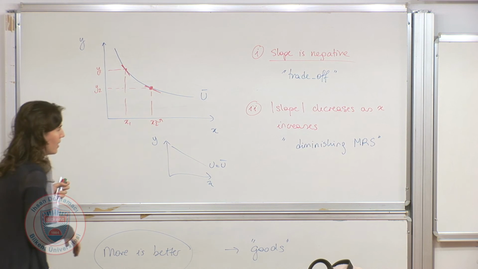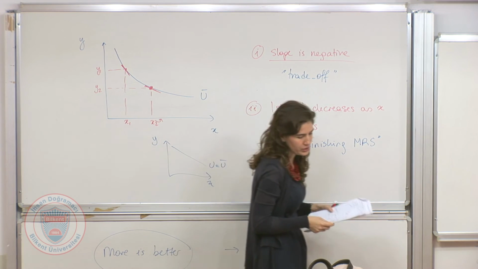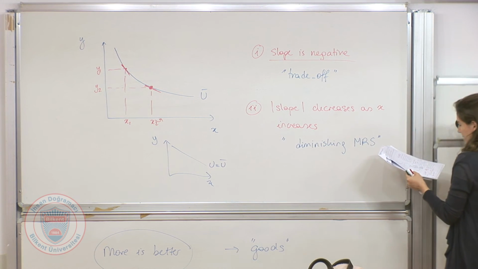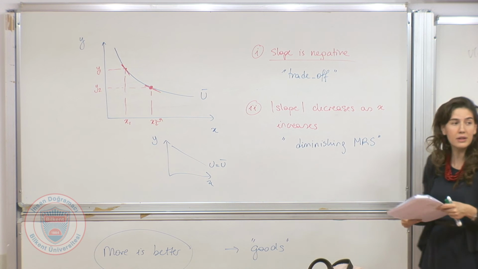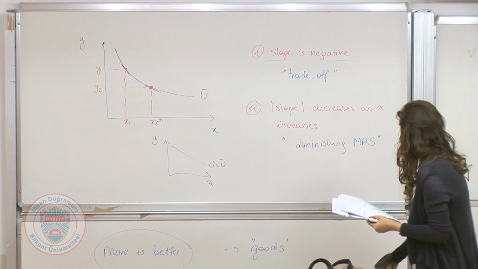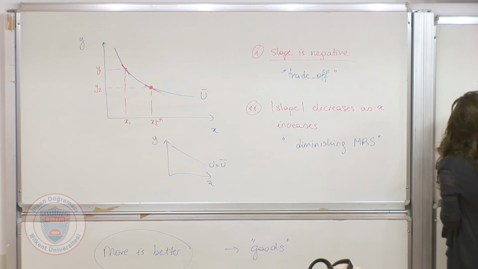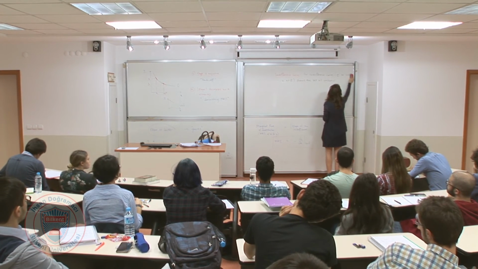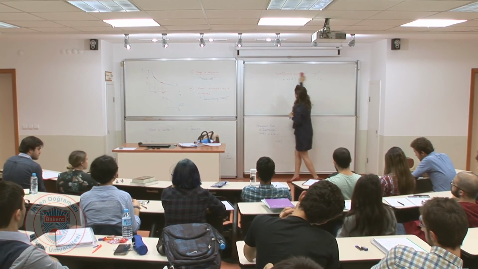The more x you have. So this is related, as we said, to strict convexity of the indifference curve, okay? So I will define convexity and concavity and such, you'll see. But before, let's do something else.